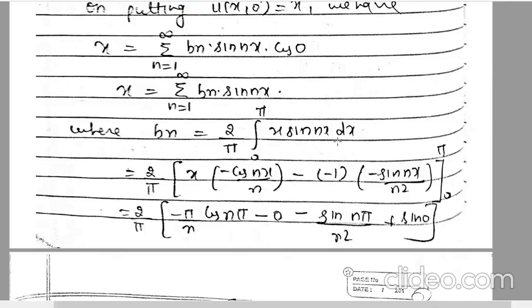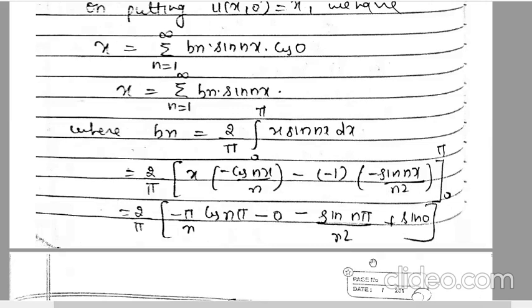So x into sin nx dx, integrate with respect to x, and it will be integrated by parts. So first function as it is, integration of second: sin nx integration is minus cos nx upon n, minus differentiation of first, which is 1, times integration of minus cos nx upon n, and again integration of cos nx gives minus sin nx upon n square.